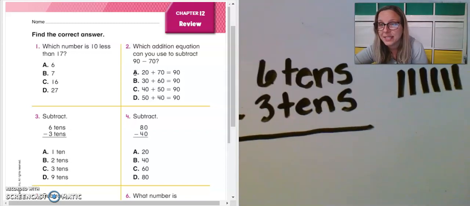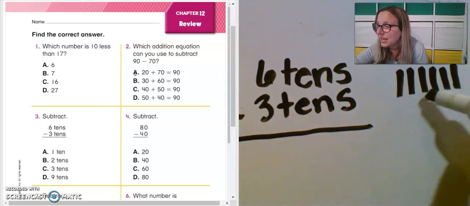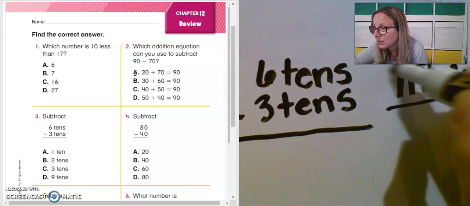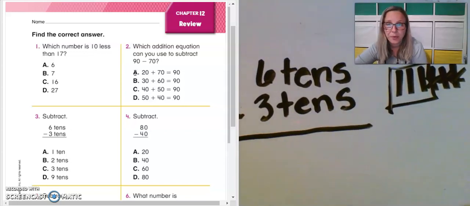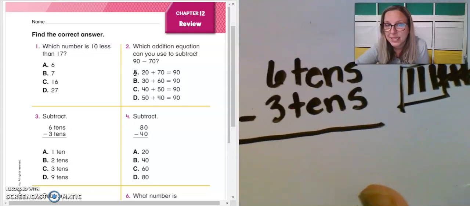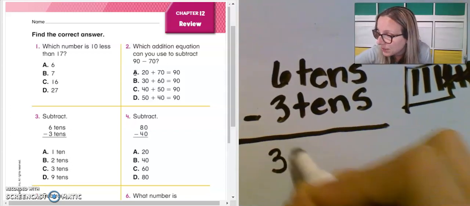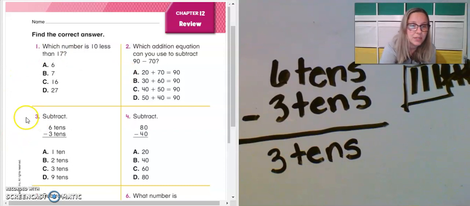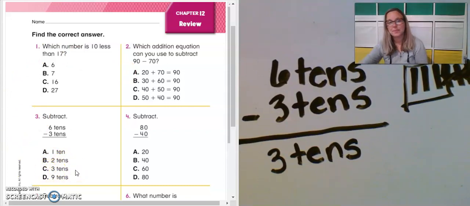Okay, 6 tens is 60. And if I take away 1, 2, 3 tens, that leaves me with 3 tens, or 30. So 6 tens take away 3 tens equals 3 tens. So looking over here, our answer would be C, 3 tens.